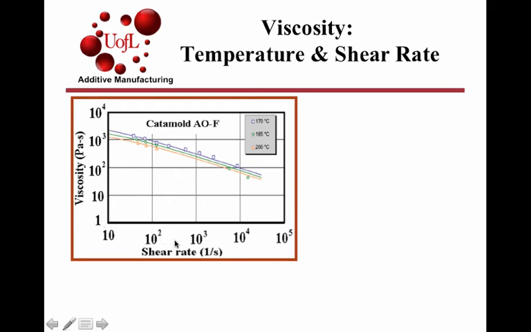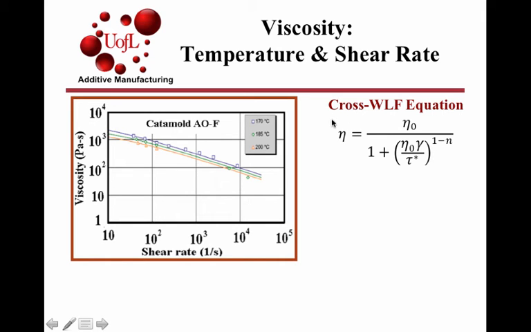In addition to depending upon shear rate, viscosity also depends upon temperature. You raise the temperature, the fluidity increases, and viscosity reduces. You can see that from these symbols at 170 to the orange symbols at 200 degrees C. A Cross-WLF equation is useful for modeling this dependence of viscosity on shear rate and temperature.